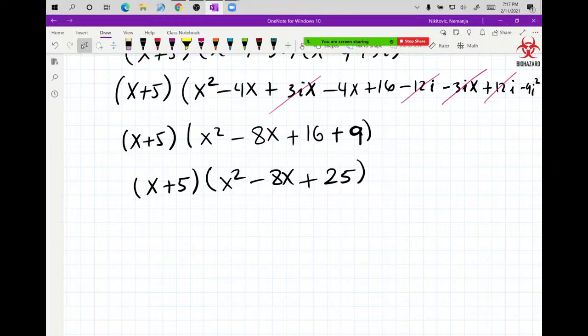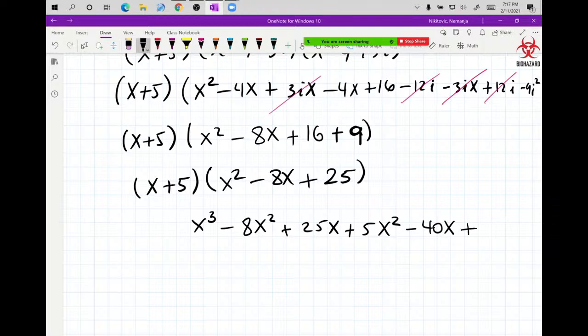So let's do that. x times it. Here's your x cubed. Aha. Minus 8x squared plus 25x plus 5x squared minus 40x and plus 125.